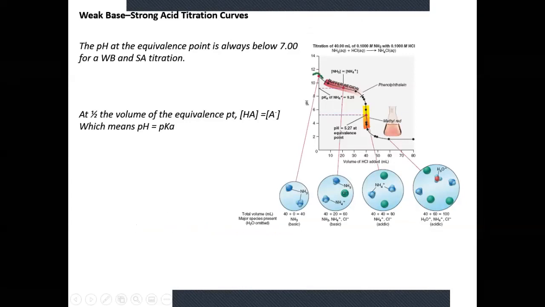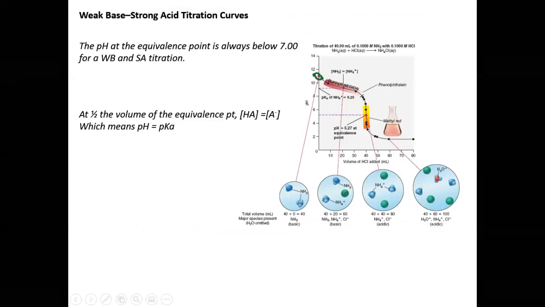At the initial pH, you're going to calculate the pH of a weak base solution. And again, this is because the only thing in solution is your weak base. So you calculate the pH of a weak base solution initially.